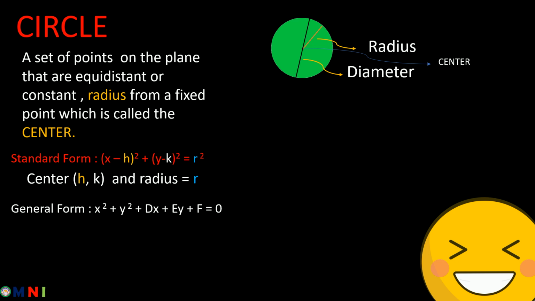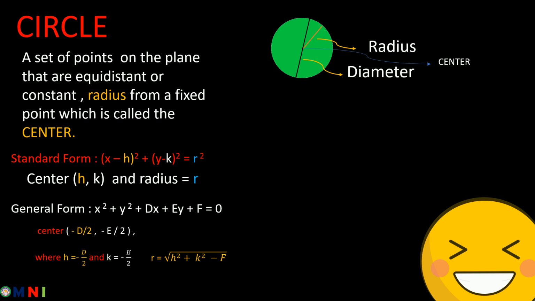And then in general form, we get this form: x² + y² + dx + ey + f = 0. It was also written in your learning kit how we arrived at the general form, so I will not give a further discussion on it. We have here the formulas for finding the center as well as the radius.